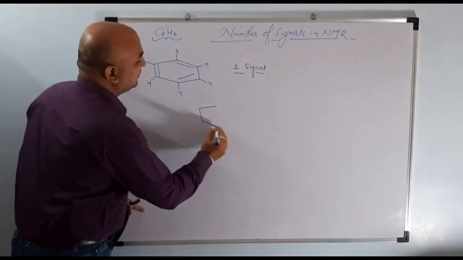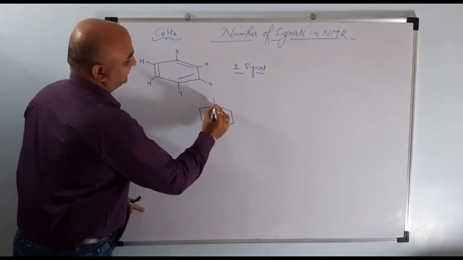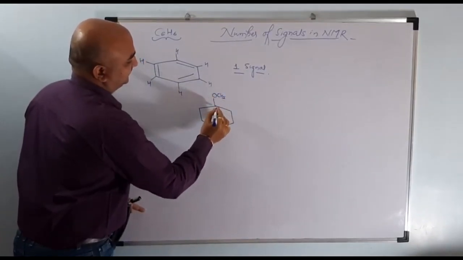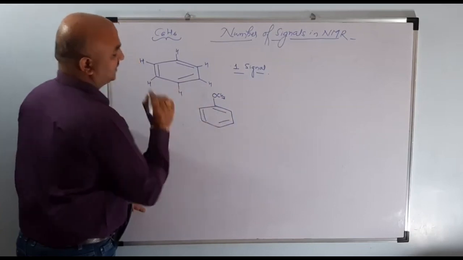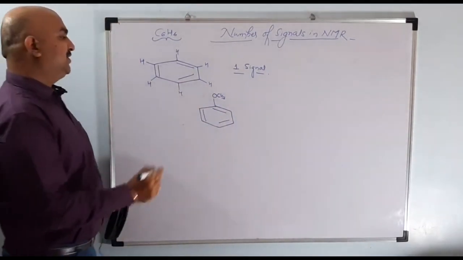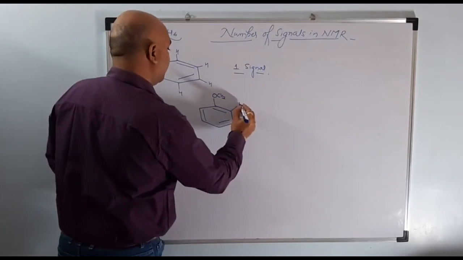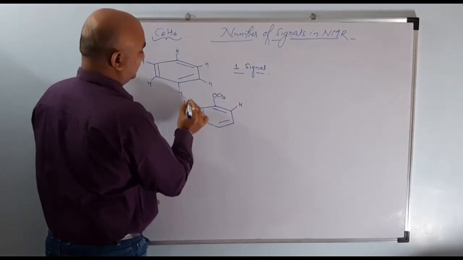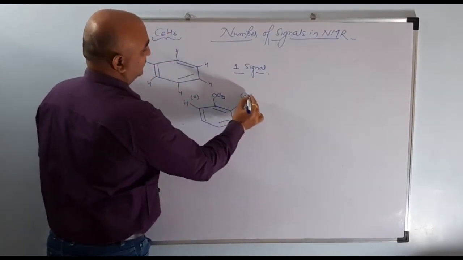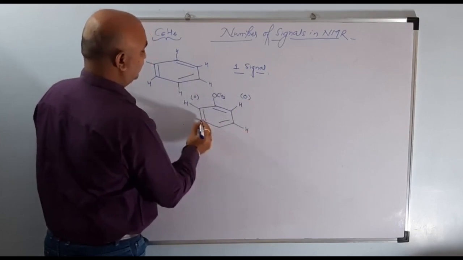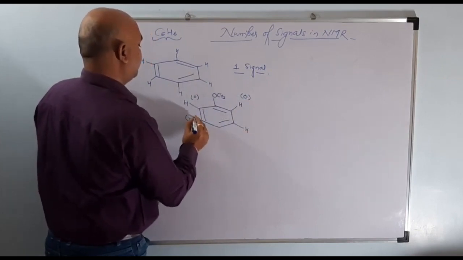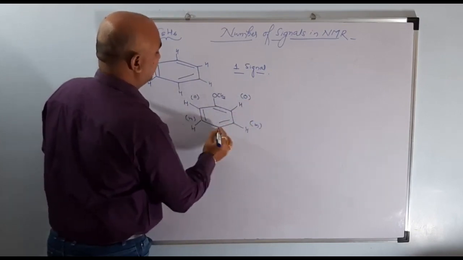But if we have a substitution on the ring, these are the ortho, these are the meta, and these are the para.